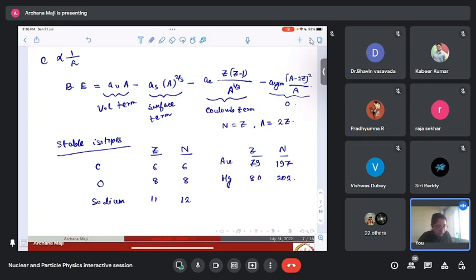Now there is one more term to the binding energy, that is called the pairing term, delta. So this term is called the symmetry term, and this is the pairing term.